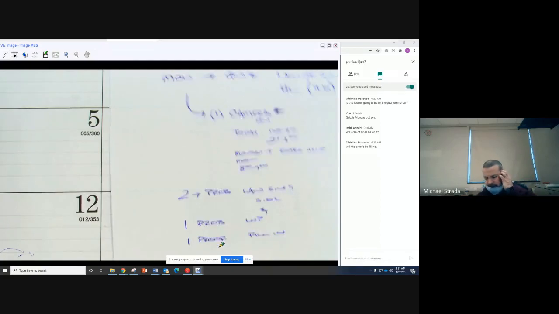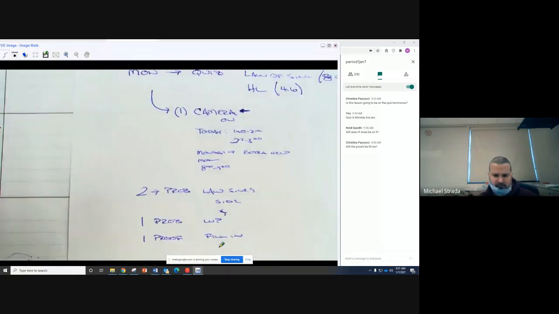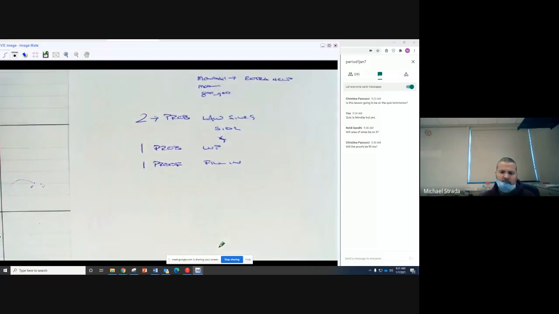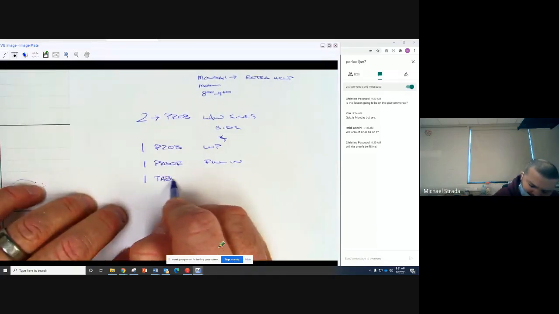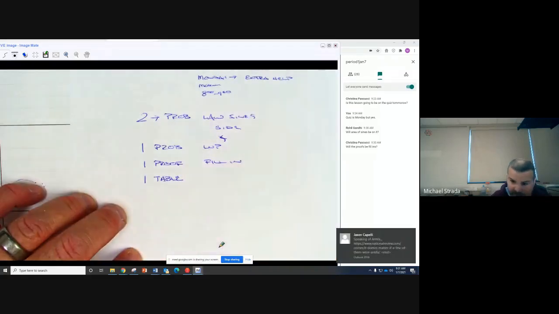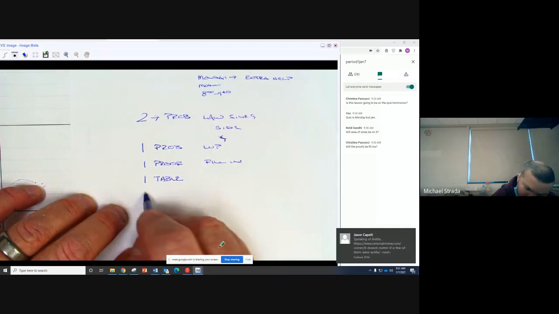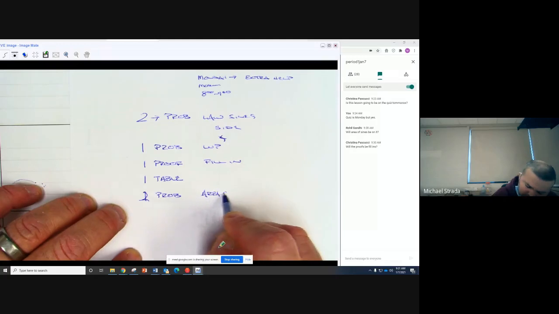It's in 2-column format, it won't be flowchart format because I know how confusing that was the one time we did it. So 1 proof that's fill-in. There's 1 table problem where you're matching that involves hypotenuse leg, and then 2 problems that are quick dealing with area of a triangle.